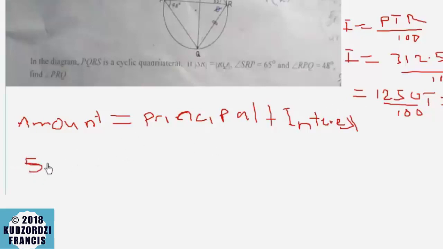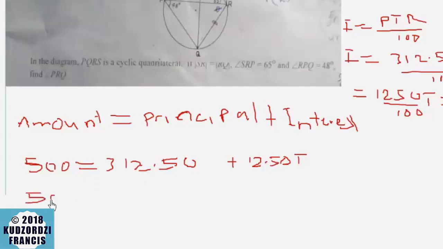So 500 is equal to the principal, which is 312.50, plus the interest, which is 12.50t. So we just solve this for t.